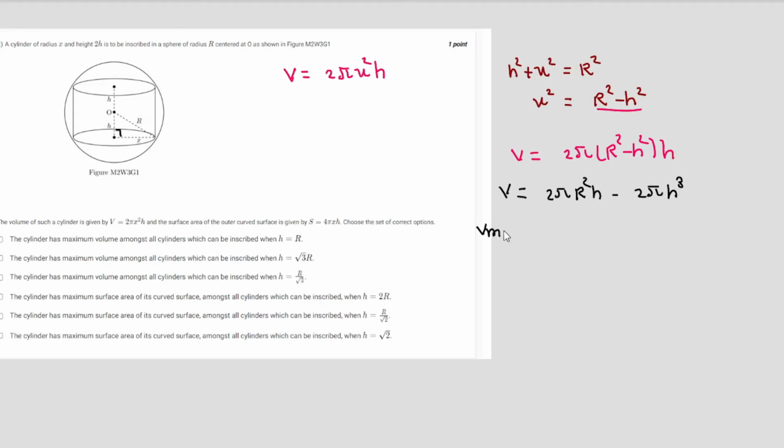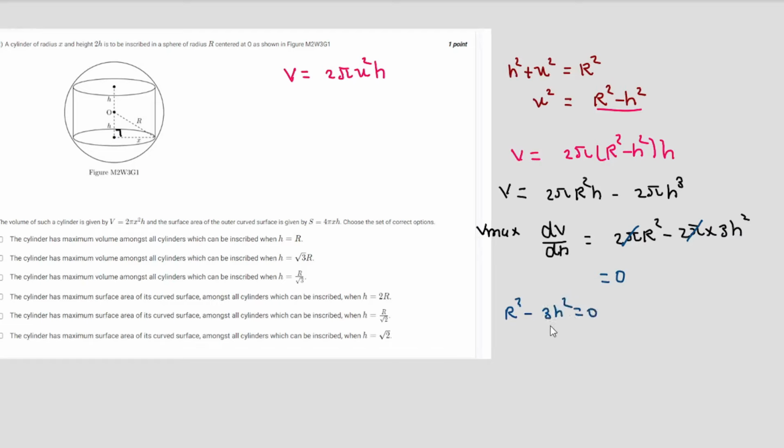For V max we will compute dV by dh, the derivative of volume with respect to height, which gives 2 pi r square minus 2 pi times 3h square, and then we equate it to 0. So 2 pi will vanish, so r square minus 3h square will be equal to 0.